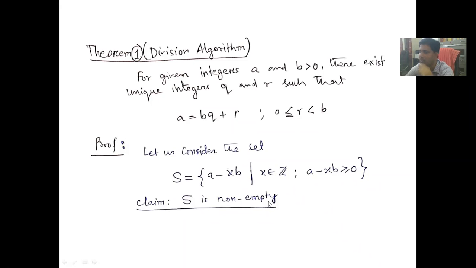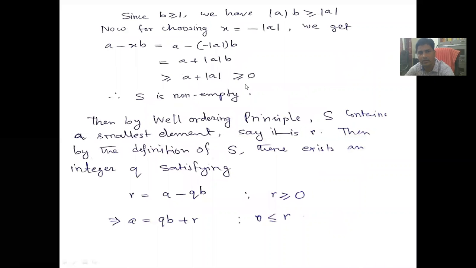Now we will claim that S is non-empty, and for this we will show that a minus xb is greater than or equal to 0 for some choice of x. Since b is greater than or equal to 1, we have mod a b greater than or equal to mod a. Now choosing x equal to minus mod a, the absolute value of a, we get a minus xb equal to a minus of minus mod a b.